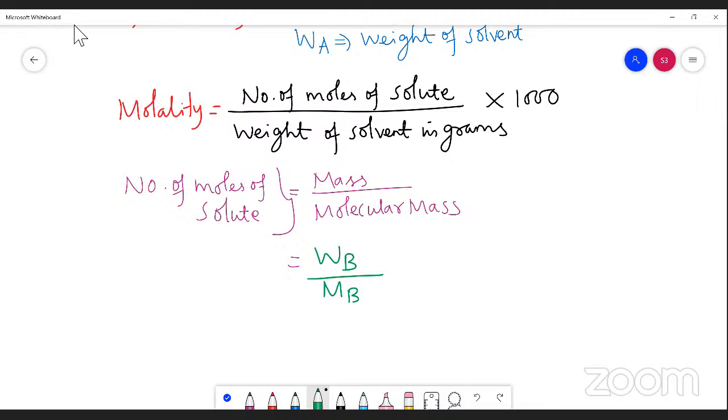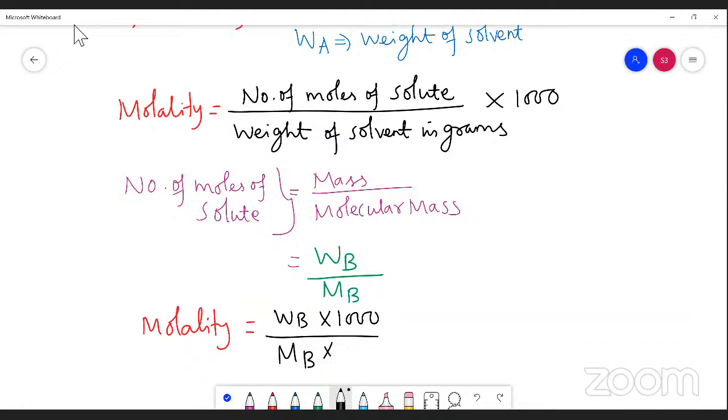Now you substitute into the molality formula. Molality is the number of moles of solute, which is WB divided by MB, into 1000, divided by the weight of solvent, which I have considered as WA.